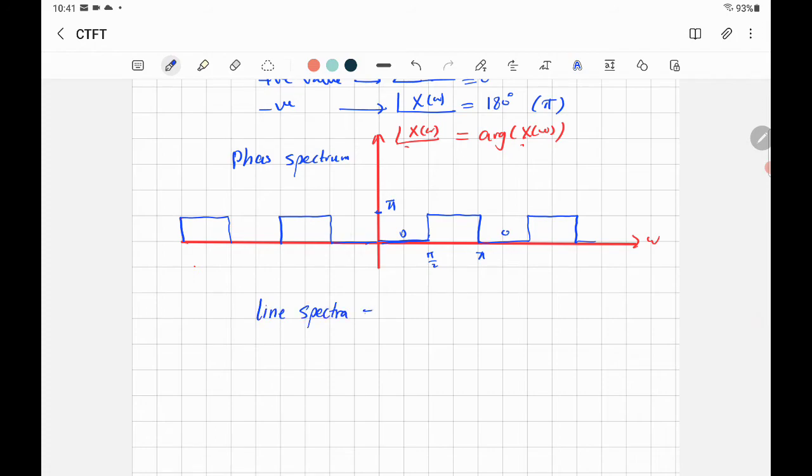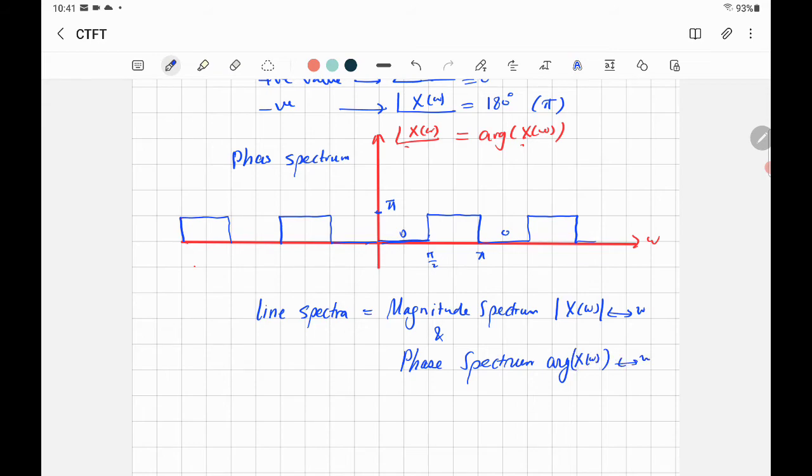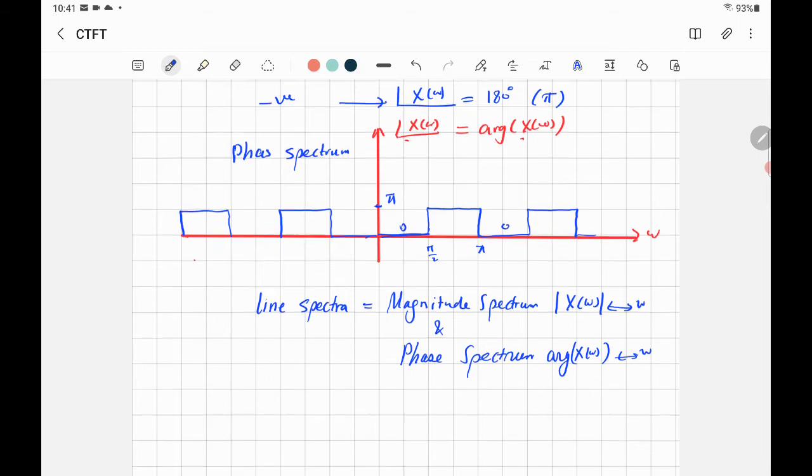So line spectra include both the magnitude spectrum and the phase spectrum. Magnitude spectrum means the absolute value of X of omega against omega, and this one, the angle of X of omega against omega.